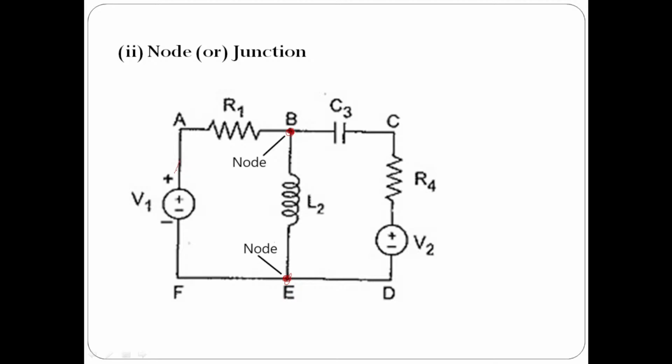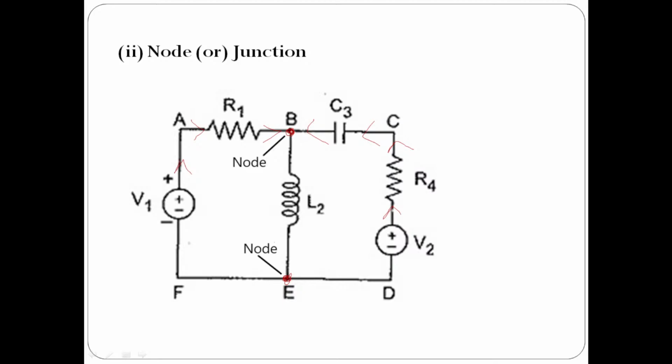From this source, current will come out from the positive terminal, flow like this, then bend, the direction of current changes, and it flows like this. After coming to this junction, both the currents are meeting at this point.